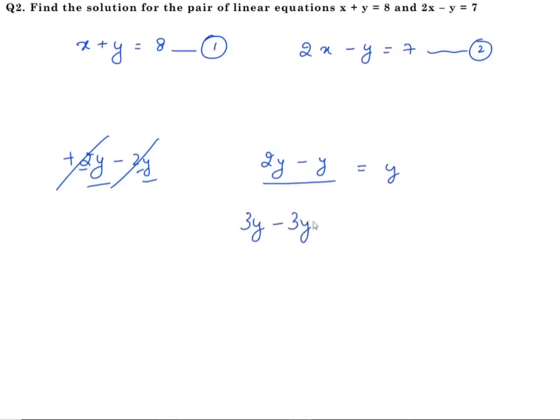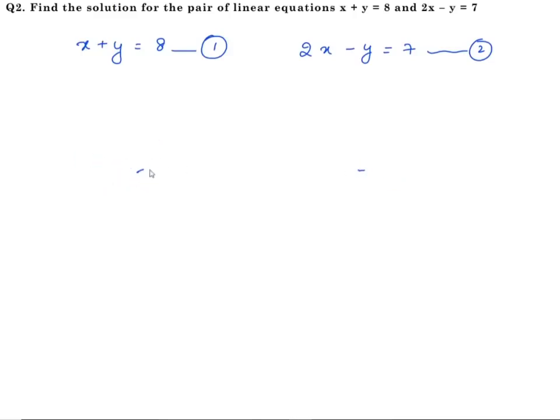Here plus 3y minus 3y can be cancelled out. So here plus y minus y will be cancelled because it has the same variable with the same coefficient.